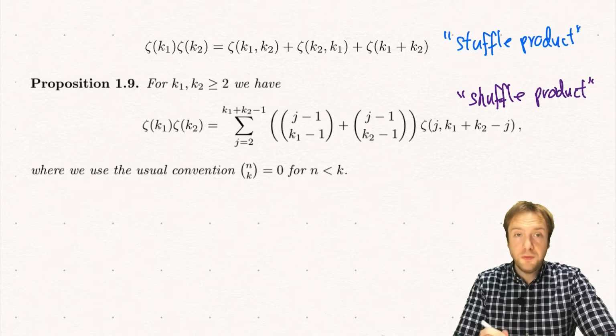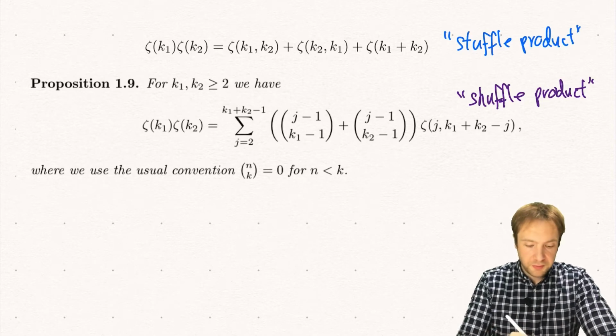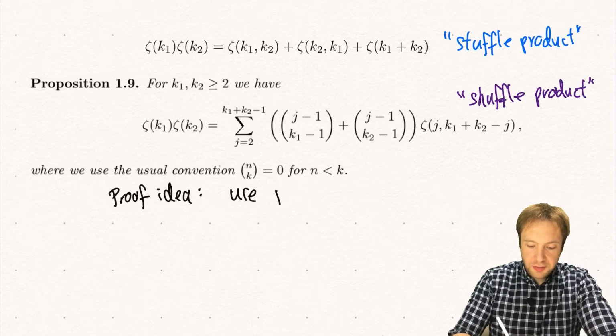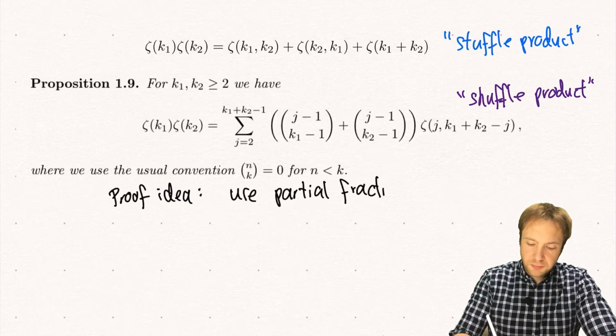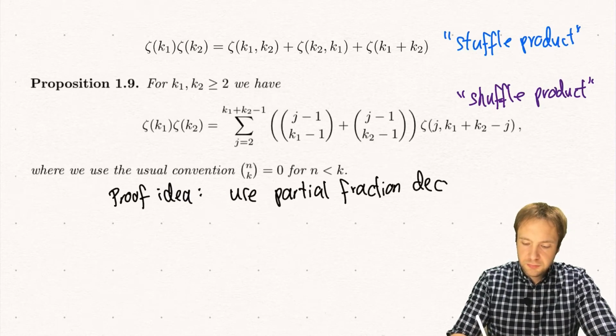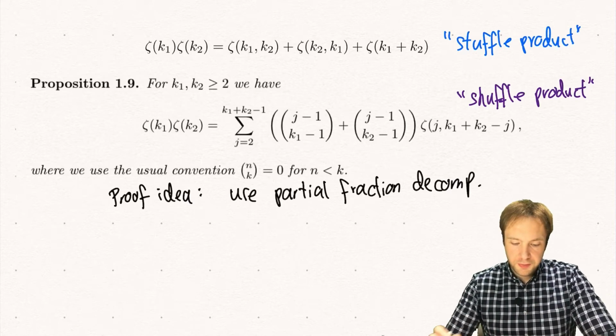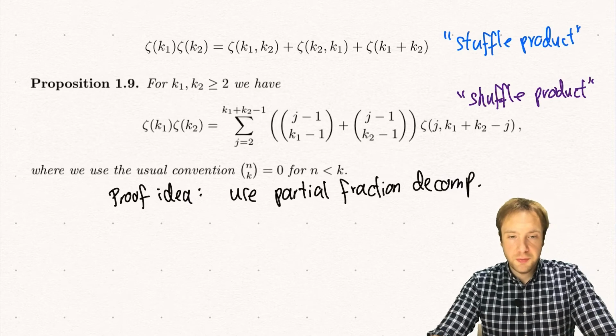And one way to prove this, how we can do it in the exercise, is, so the proof idea is to use partial fraction decomposition to get this equality. And so let's do one example.